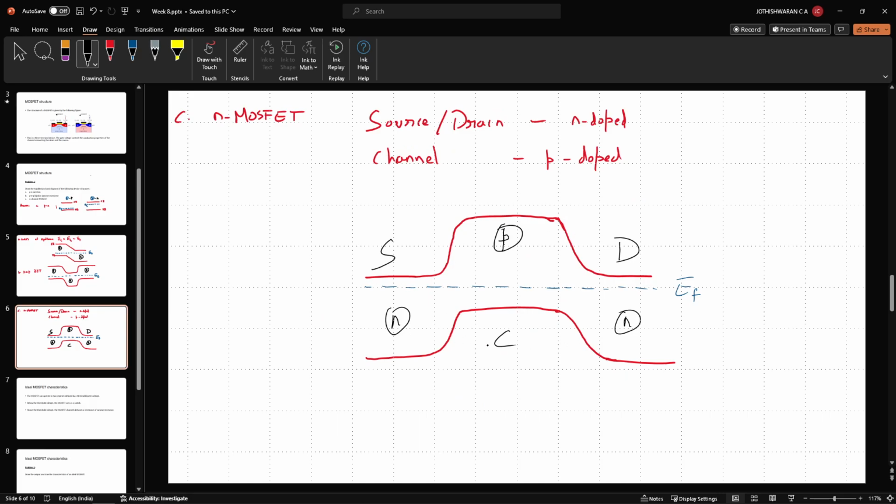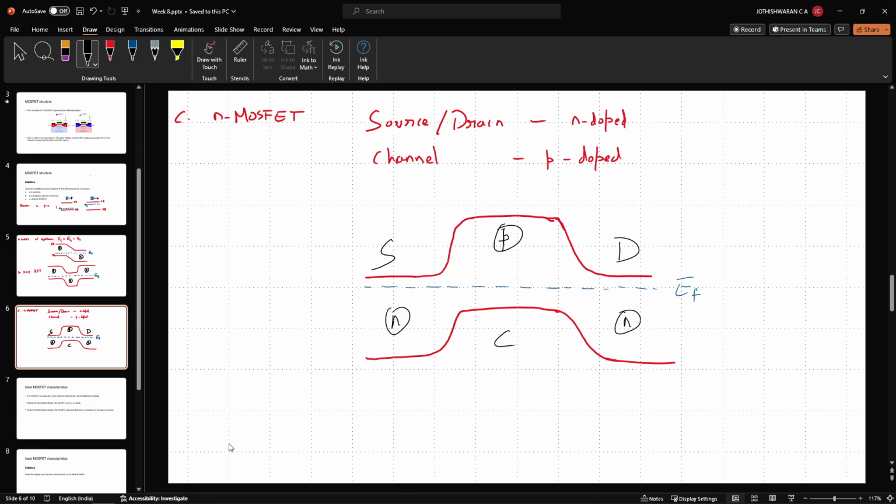When we apply a positive voltage with respect to the substrate, these bands will start moving in a particular direction. In which direction they are going to move, we will see pretty soon. But essentially, when I apply the gate voltage, this barrier over here is going to move up and down. Depending on how that barrier moves, we will have different conduction properties for the channel.